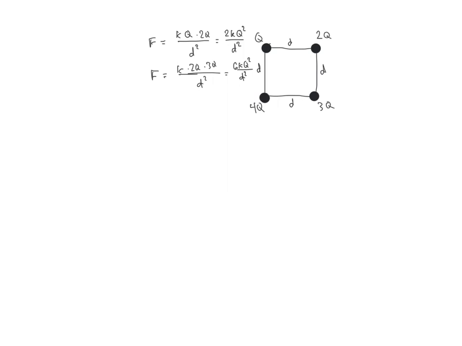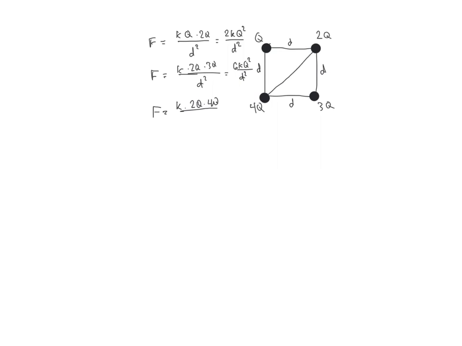Part C, determine the magnitude of the force on charge 2Q due to 4Q. So the force is equal to K times 2Q times 4Q divided by, but now the hint in this problem is saying that the distance between these two charges is not D, the way it was between these two charges or between these two charges. So we've got to figure out the distance between them from here to here.